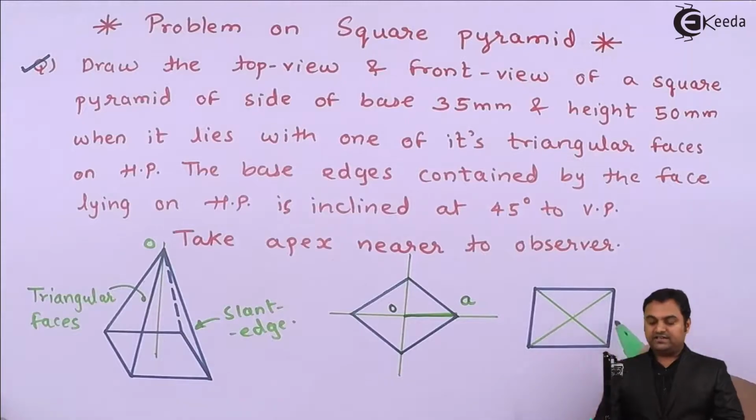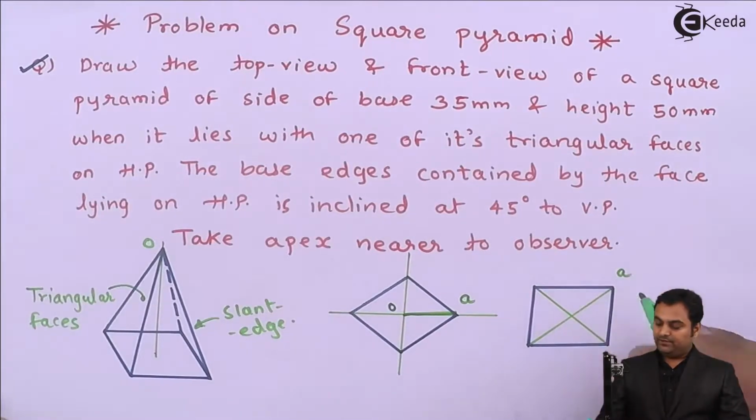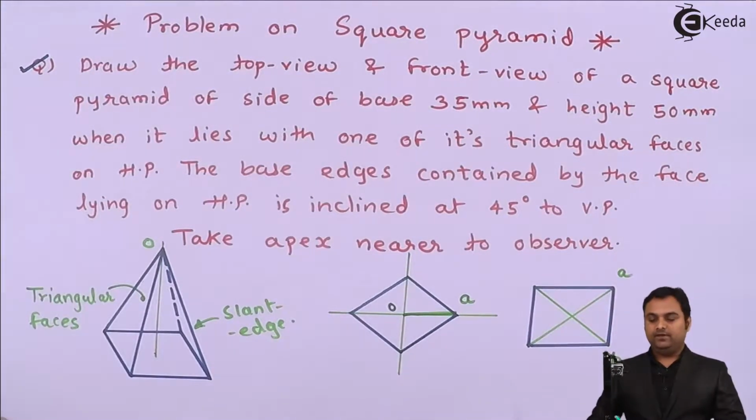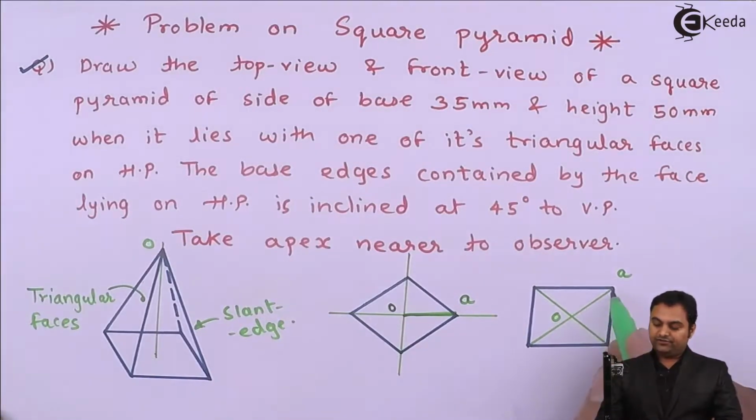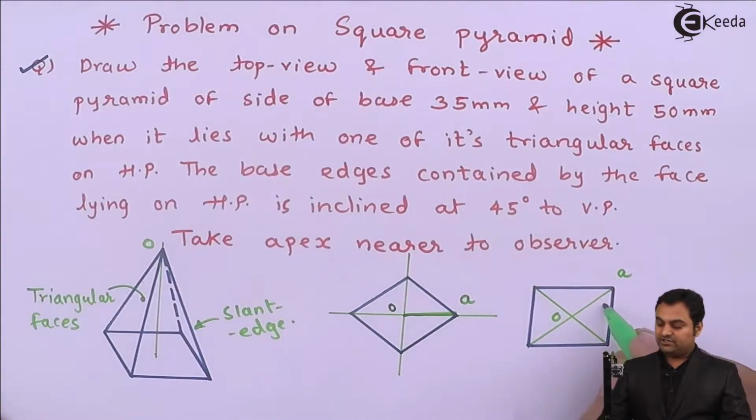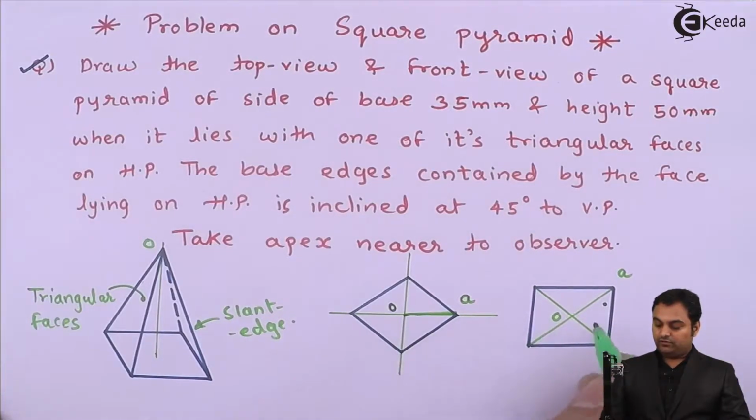So if I check the second condition in which the pyramid is resting on edge AB, so the triangular face is OAB, and when I tilt it onto the right hand side and make this pyramid rest on this triangular face, it will be resting on HP. It means out of the 2 conditions, the second one is correct.